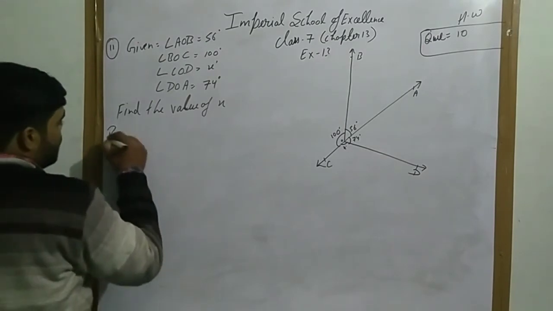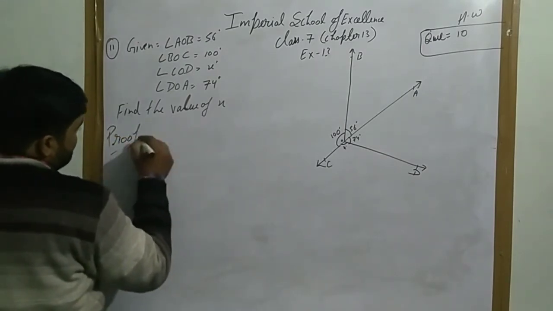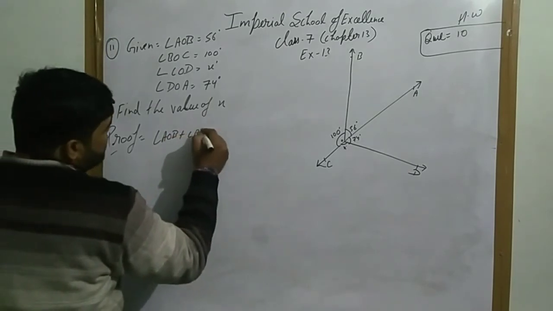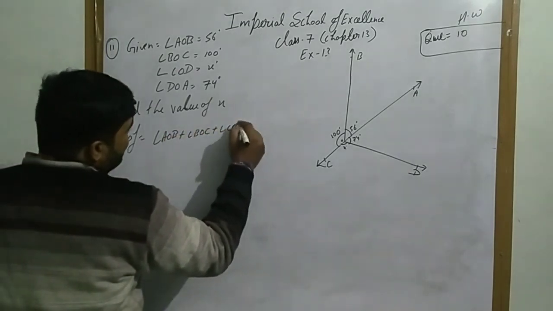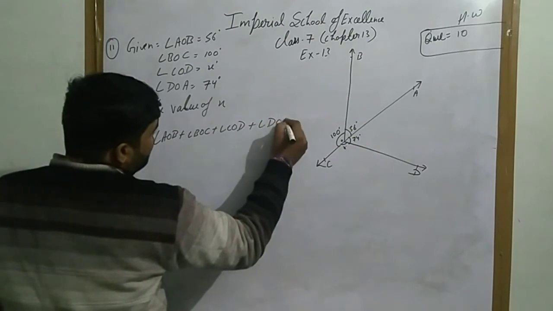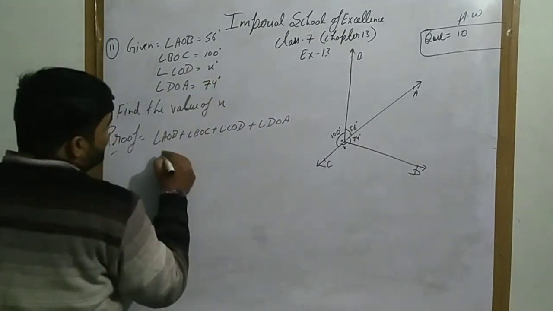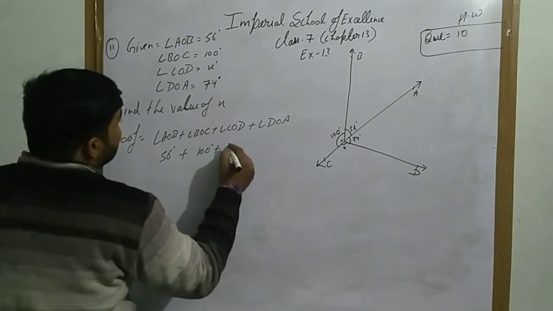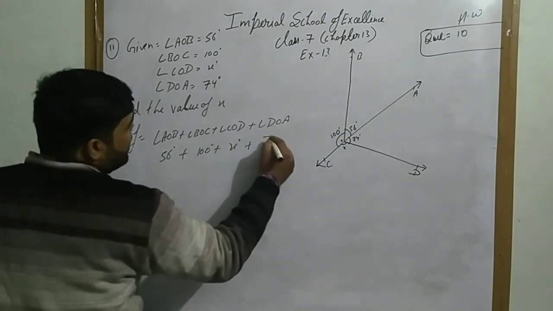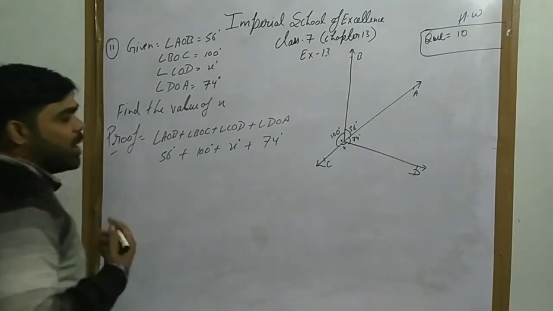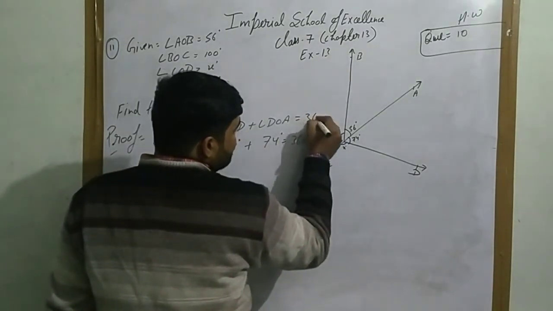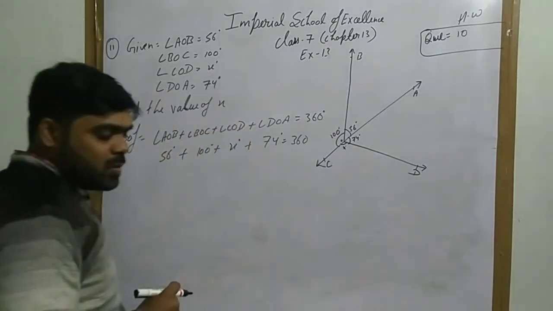So proof: angle AOB plus angle BOC plus angle COD plus angle DOA. AOB is 56, BOC 100, COD X, DOA 74. Now add this, equals 360 degrees.